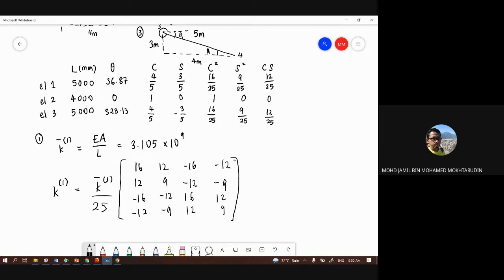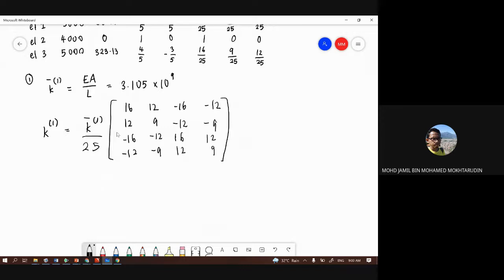Okay, so we factorize 25. So this is the element stiffness for beam element number 1.